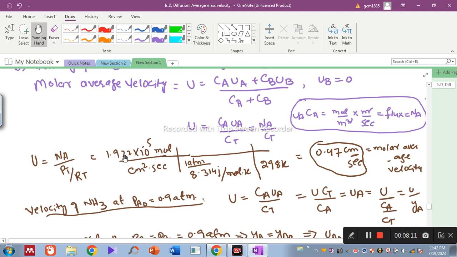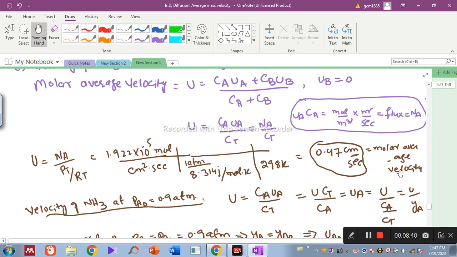The Na value is given to us, and the total concentration is nothing but, from the universal gas law, C equals P by RT. So Ct will be equal to Pt divided by RT. The total pressure is 1 atmospheric pressure, R value is given to us, and T is the temperature, which is 298 Kelvin. After putting the values, the molar average velocity will be equal to 0.47 centimeter per second.